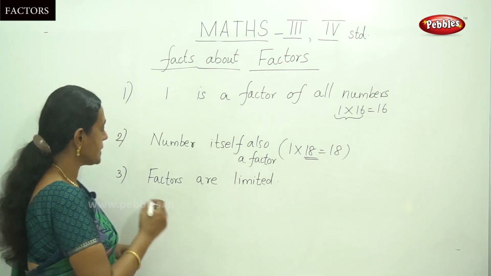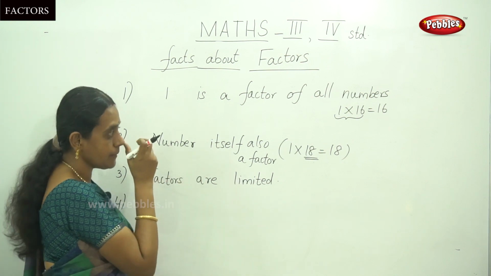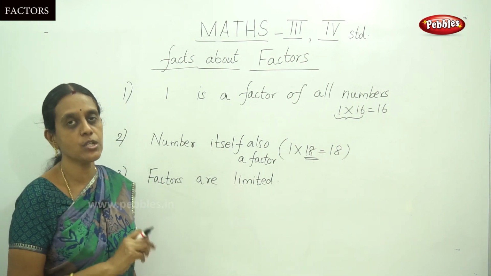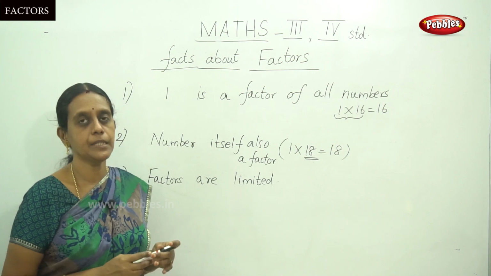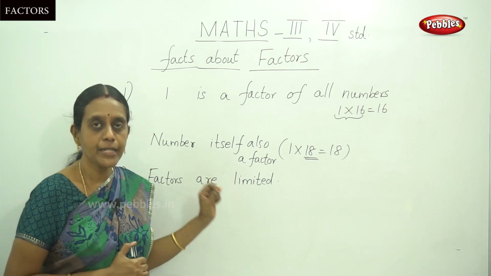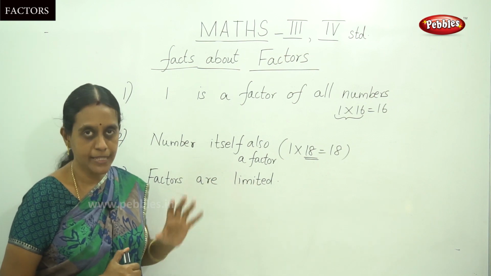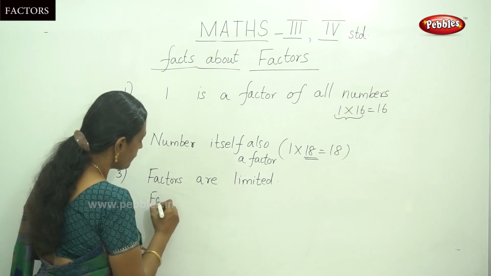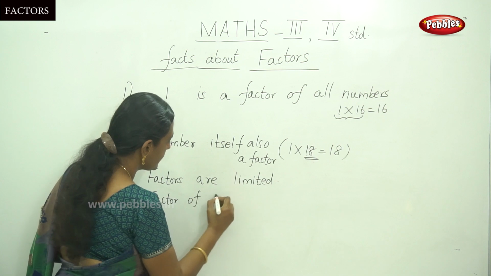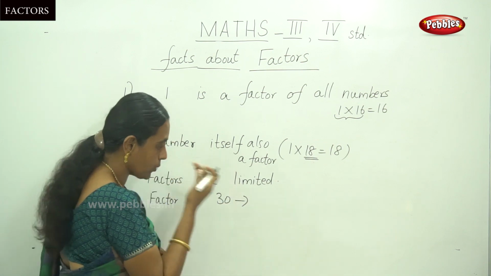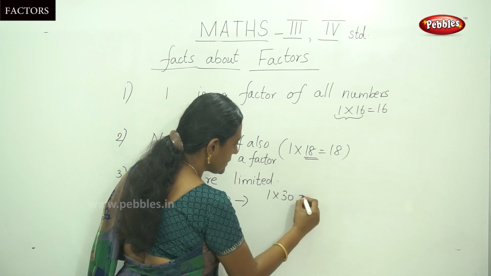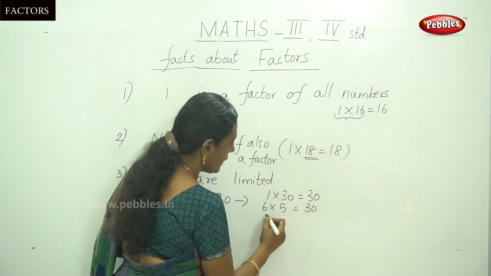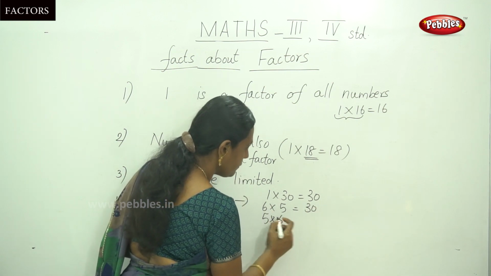And the number itself is the greatest factor of the number. For example, if you need to find the factors of 30, you write 1 times 30 is 30, and 6 into 5 is 30, and 5 into 6, again 5 is also a factor and 6 also.